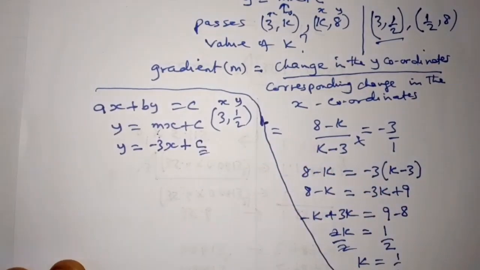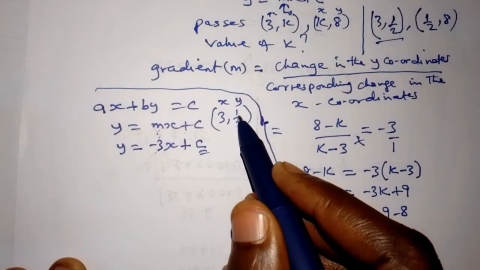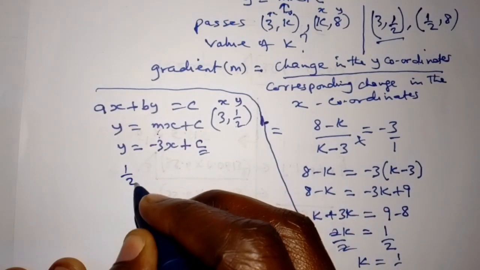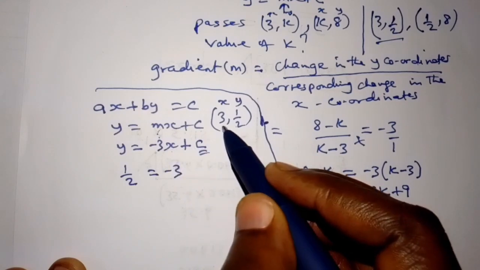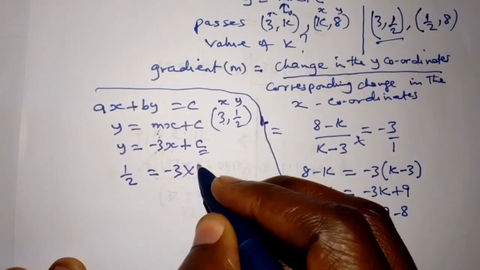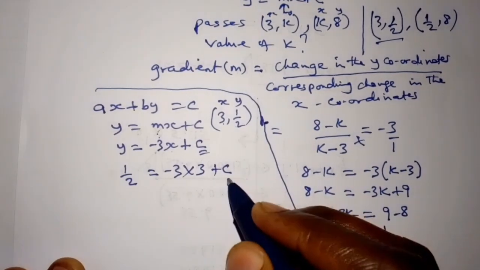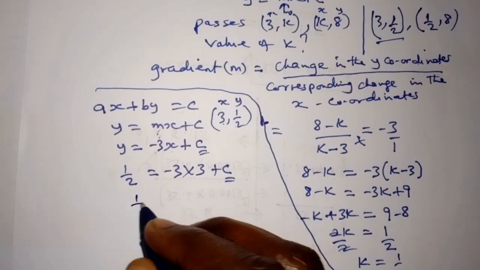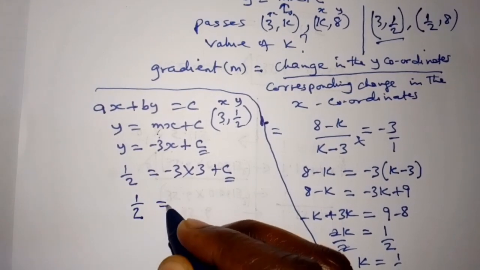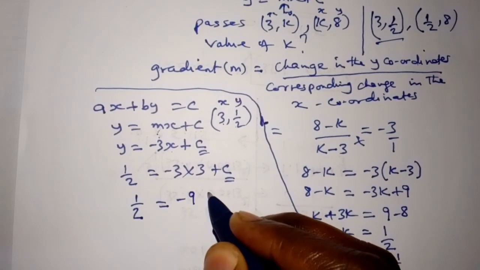We want to find the value of constant c. So where there is y we put a half: a half is equal to -3 times 3 plus c, so a half is equal to -9 plus c.